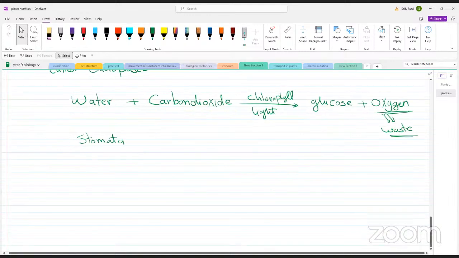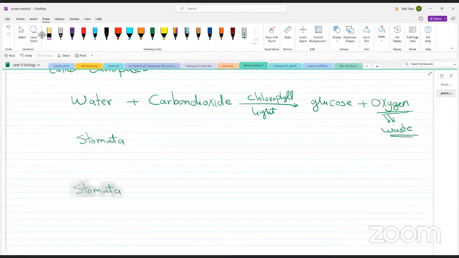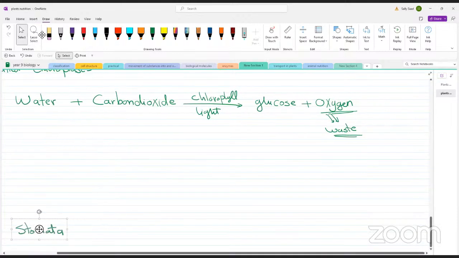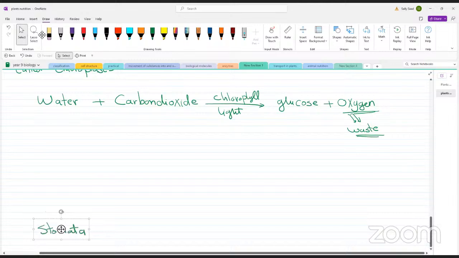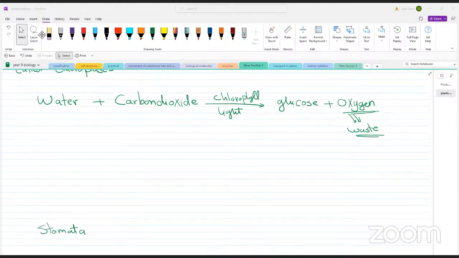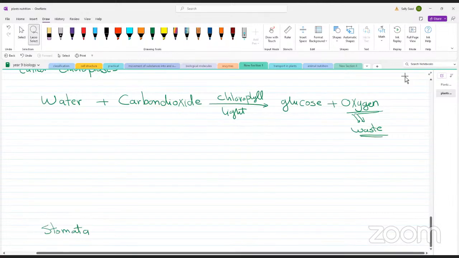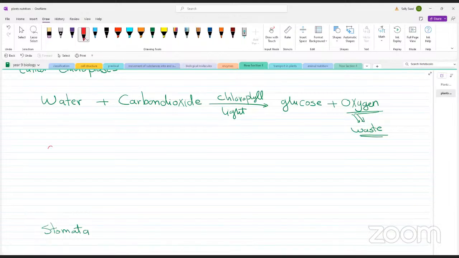If I would like to write the equation of the respiration, I will just reverse that process. It means what? It means I will take the glucose, or the mitochondria will take the glucose plus oxygen.